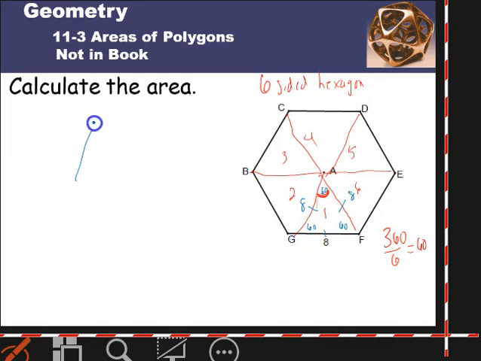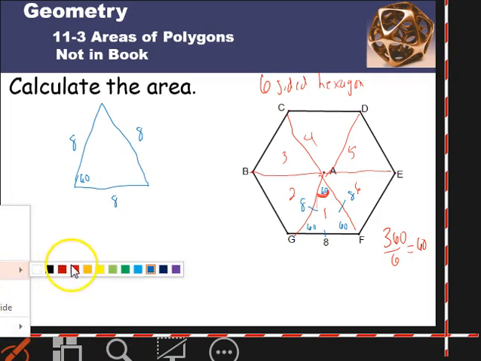So I'm just going to draw this triangle. And I know that this is 60, this is 8, this is 8, and this is 8. Sorry. But now I'm going to cut this triangle in half, which I had already done, so now I'm going to go ahead and put it in.